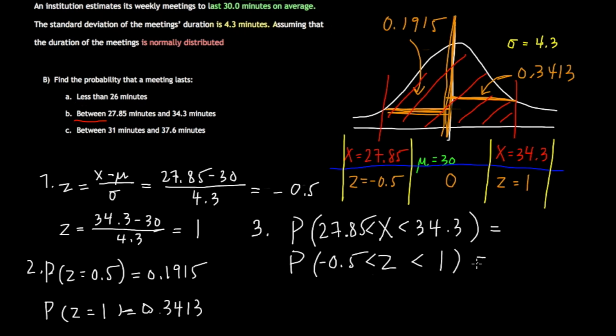Okay? And this is equal to, in both cases, okay, it's just different layers that mean the same thing. It's equal to 0.1915 plus 0.3413. So my two areas under the curve, my two probabilities. And that is a total of 0.5328.